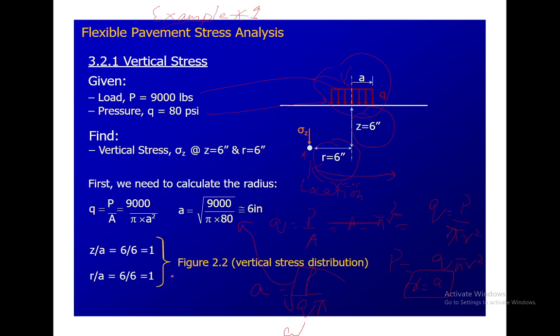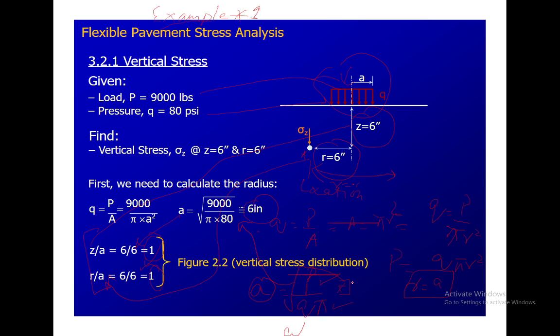The formula is quite simple: Q is equal to P by A. But A is equal to pi R squared, where in the one layer system we already assigned R to the radial horizontal distance, so we denote R with A. If we want to determine A, which is equal to pi R squared, then after rearranging the same formula, we get A is equal to the square root of P divided by Q pi, enclosed in the bracket.